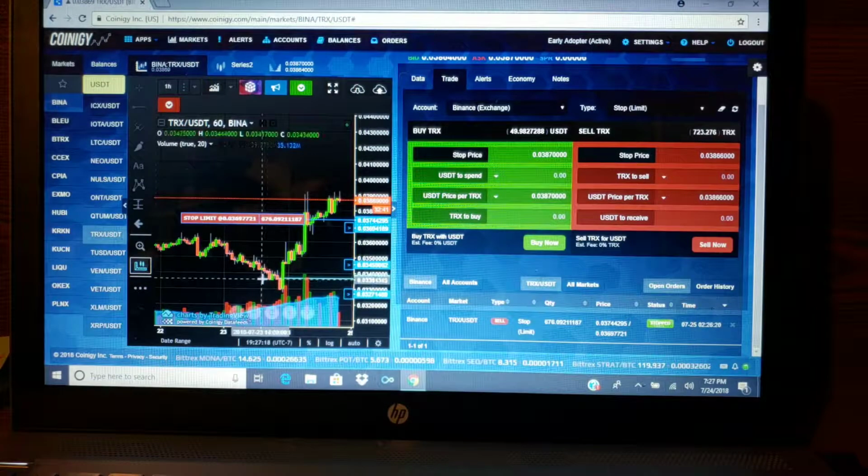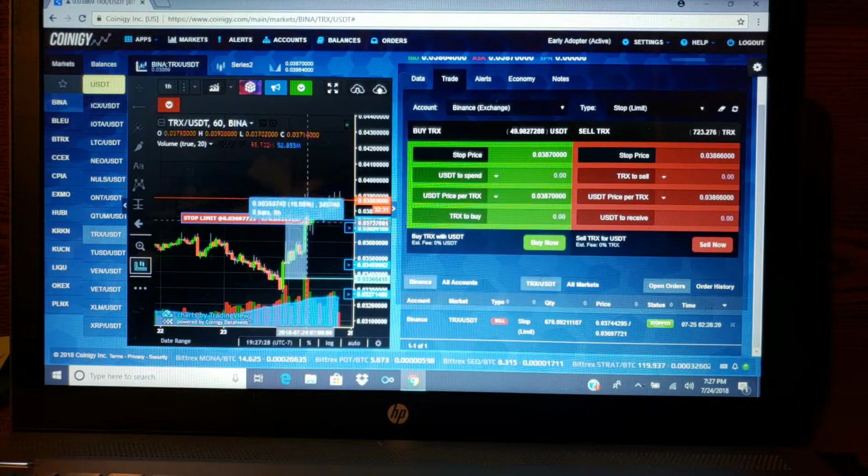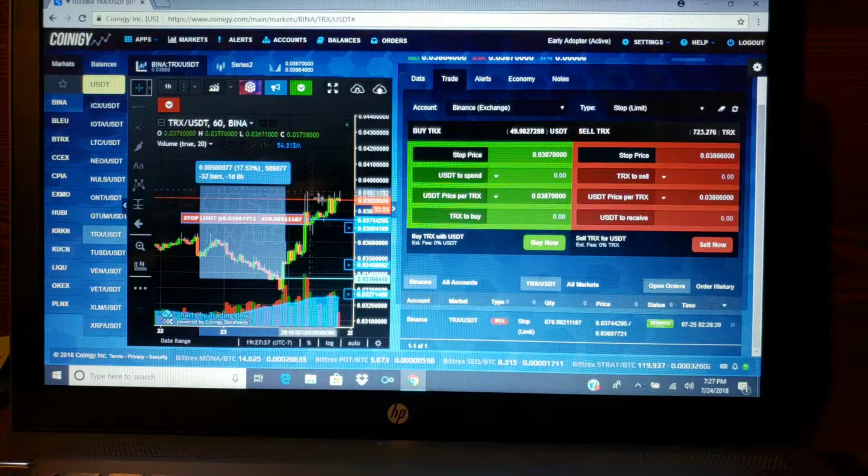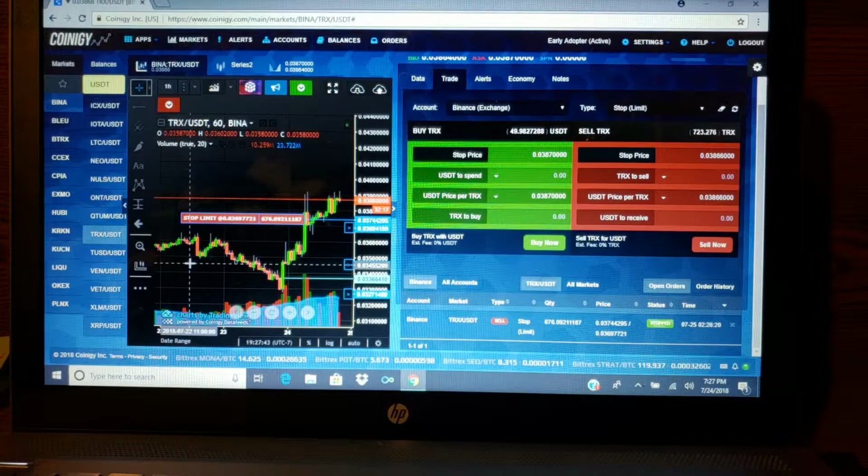So if we butt down here, what was it? 0.0336. So from about there to about there, we're still looking at almost 11.5% gain. But we want to leave it some breathing room because we're hoping that it will continue upward. All right.